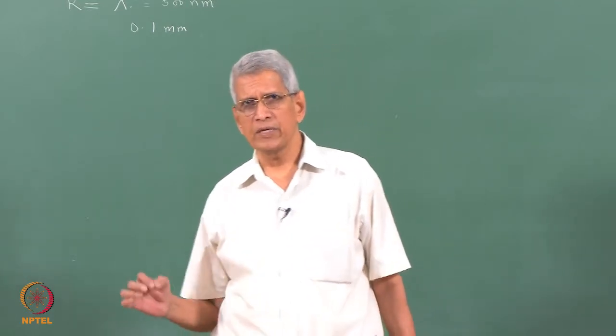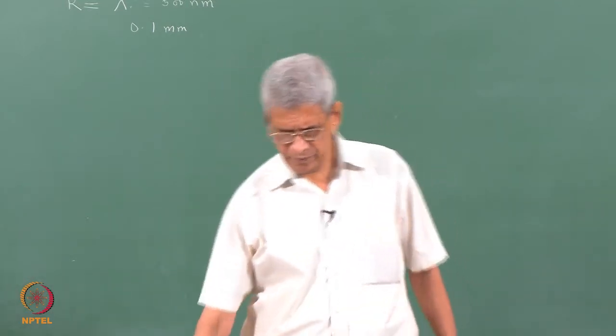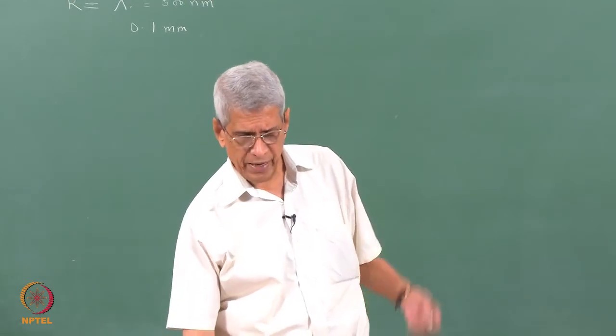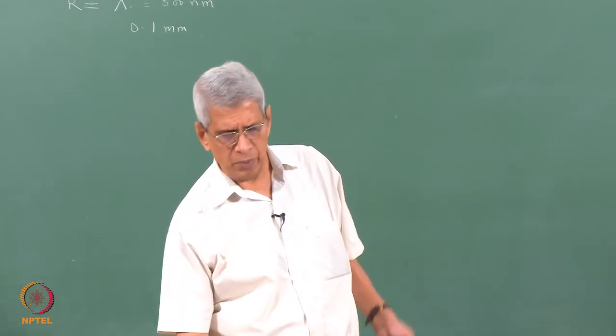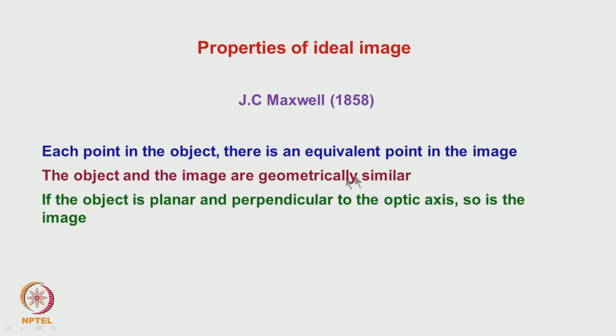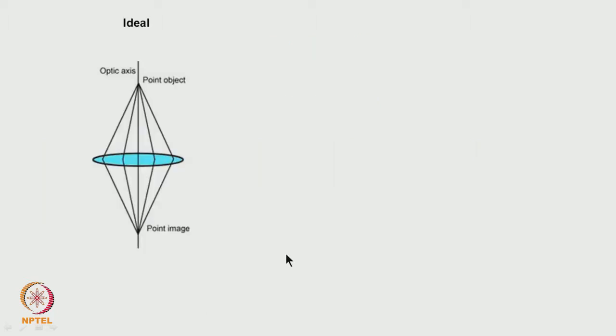When we form an image using a microscope, it could be an optical microscope or an electron microscope. If you consider a point object along the optic axis, for an ideal lens a point image should be formed.